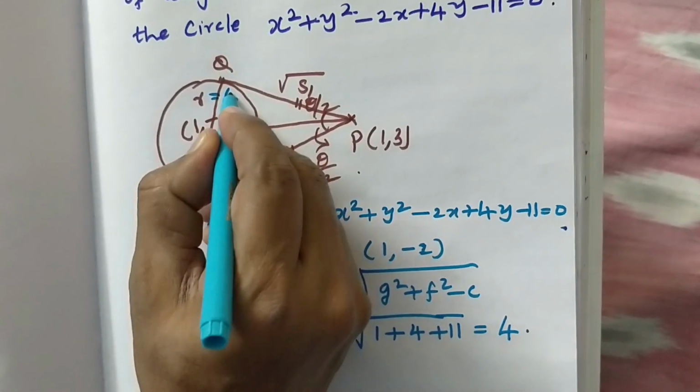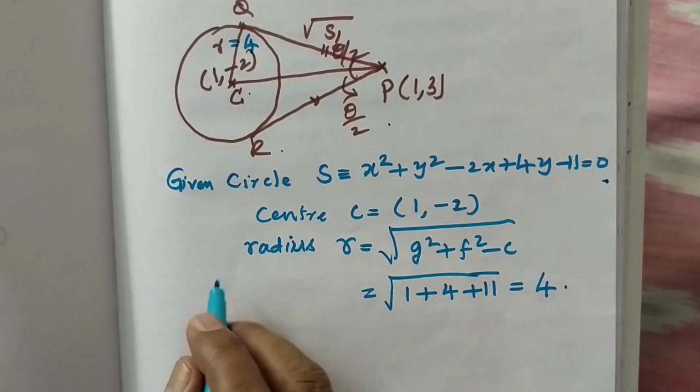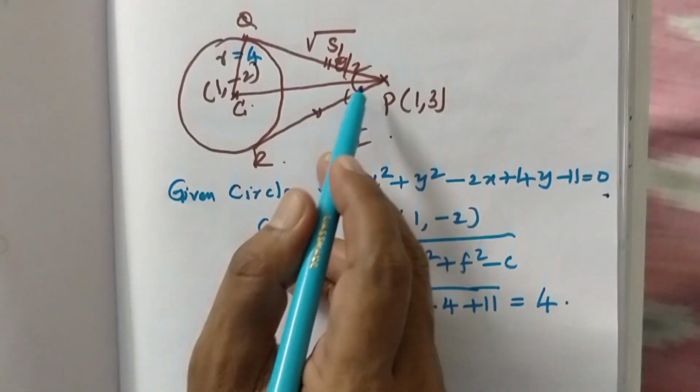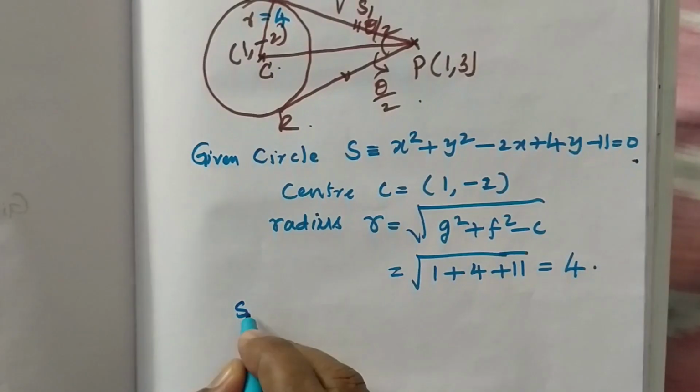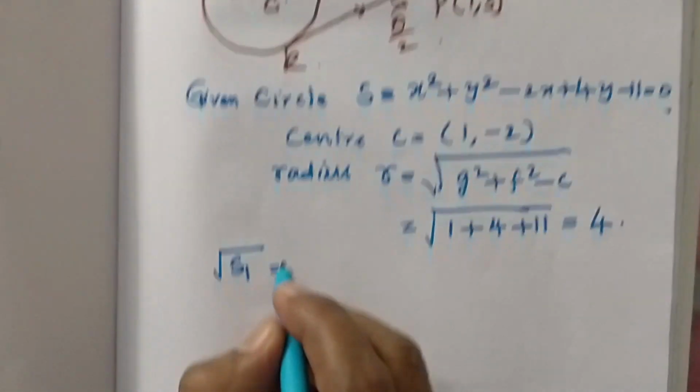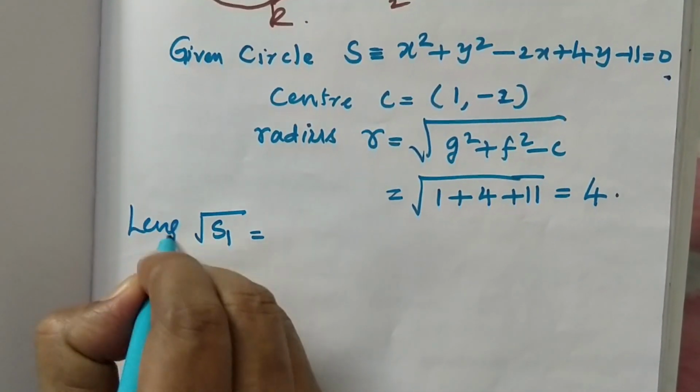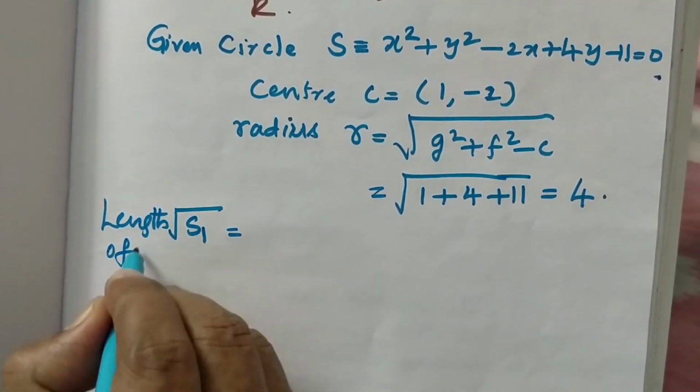Then what is the length of tangent? Root S1, the length of tangent.